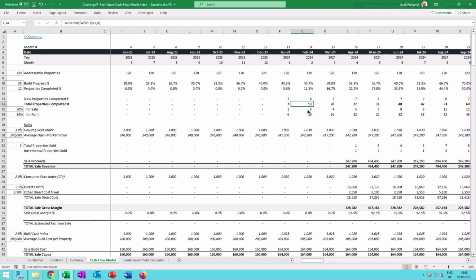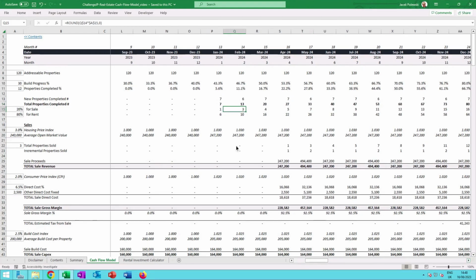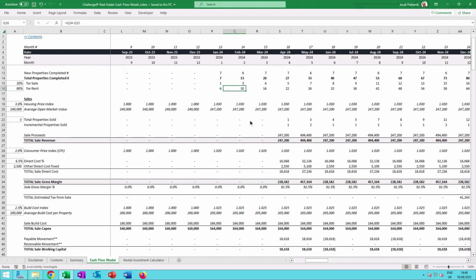And then this total number of properties is split between the properties for sale and for rent. Remember, we had the assumption for the percentage of properties that are for sale and the percentage that are for rent. So with those main inputs, we can now proceed to the cash flow forecast for sales.